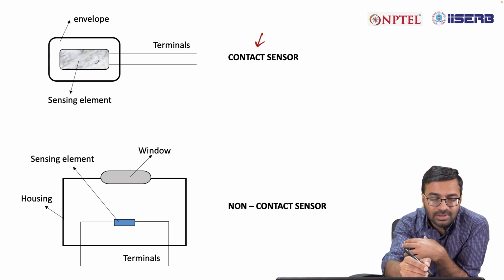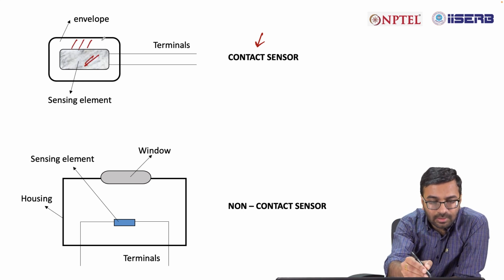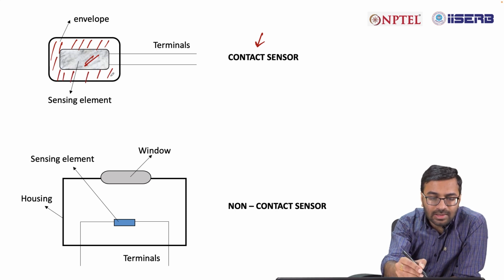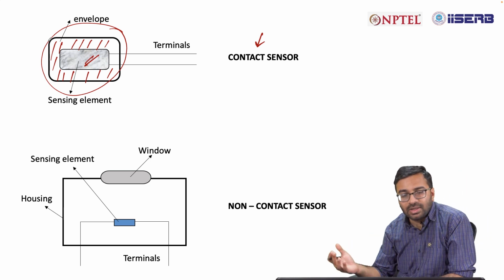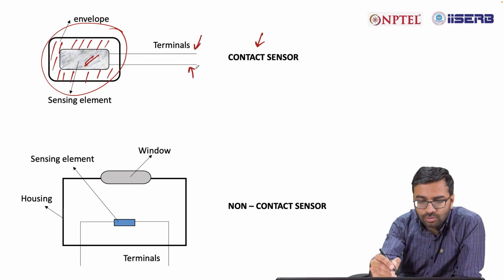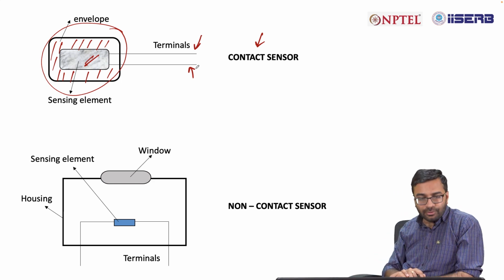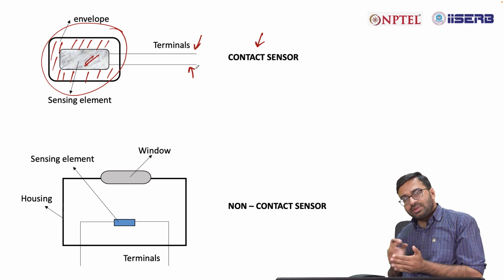In that case, you have a sensing element and then there is an envelope which protects the sensing element, and then the entire sensor can come in contact with the object while measuring the temperature. It has two terminals. These two terminals are used to take the electrical output from the sensor.